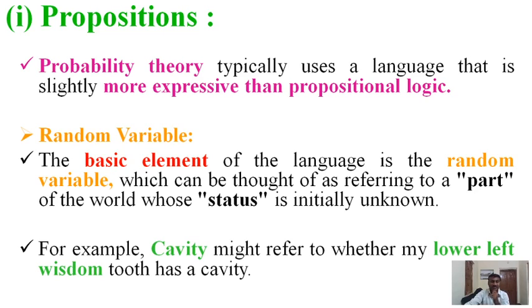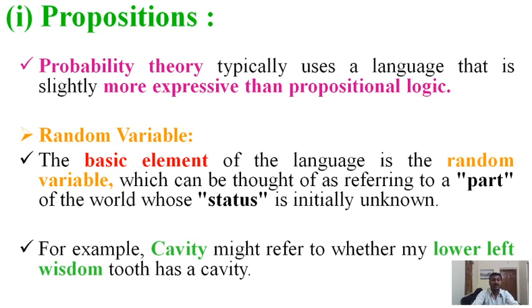We already discussed that cavity means a problem in the teeth. Initially we just say a cavity is there, what the status is is unknown, but afterwards it says the lower left wisdom tooth has the cavity. So this is nothing but a random variable, the basic element of probability theory.